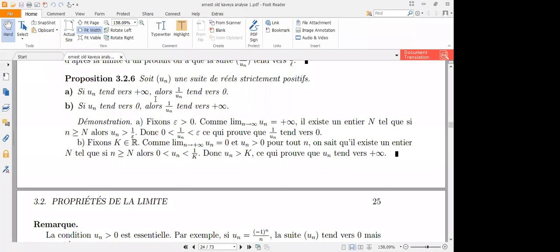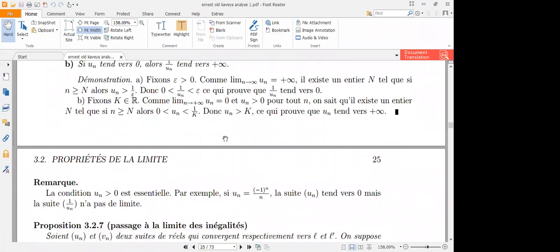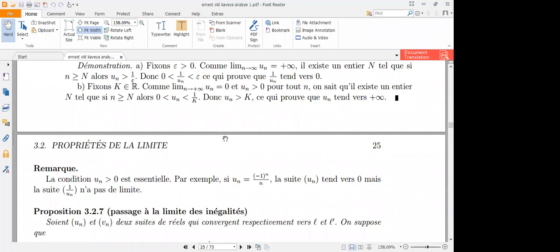But then when your sequence is 0, the inverse of the sequence will have a limit of infinity, which is going to be positively charged. So that's that. And then just like any other question, whenever they give you a proposition, they always have to redefine it, and everything else, which is this part here.